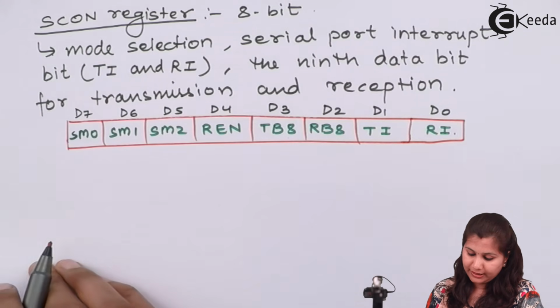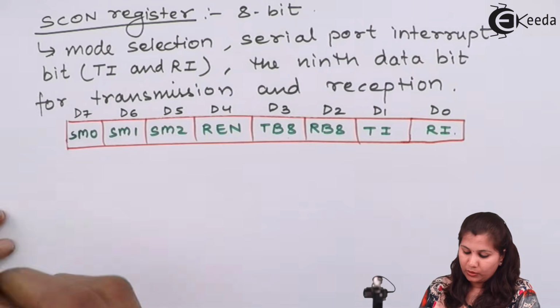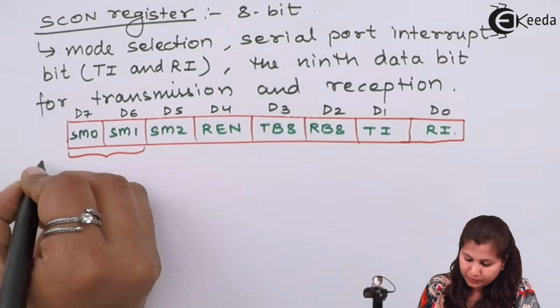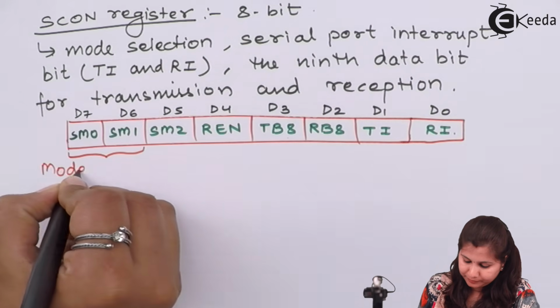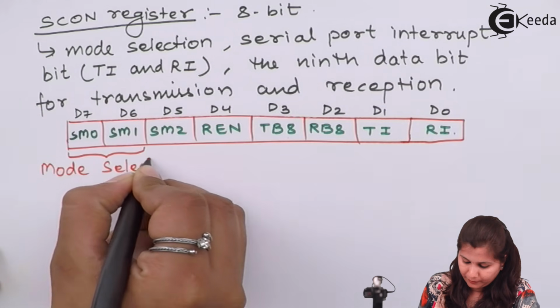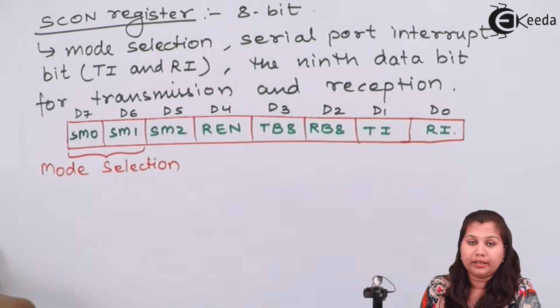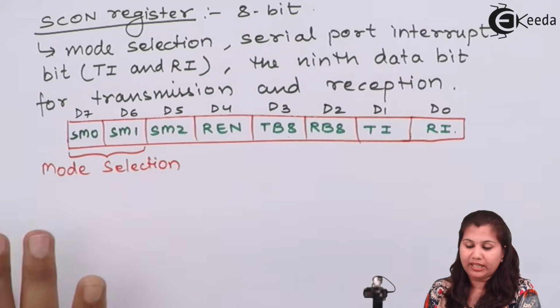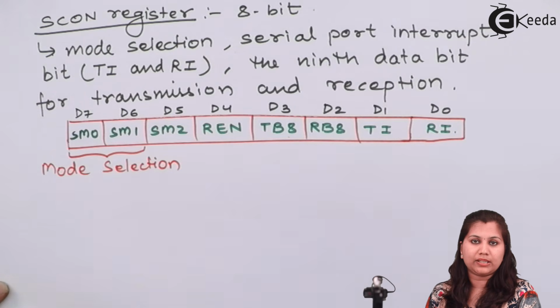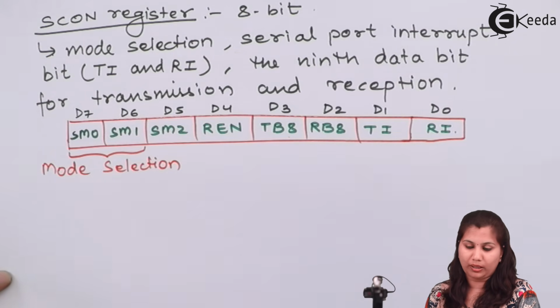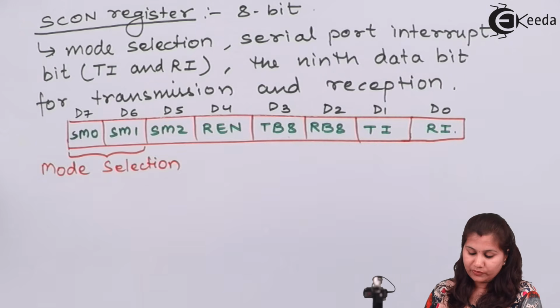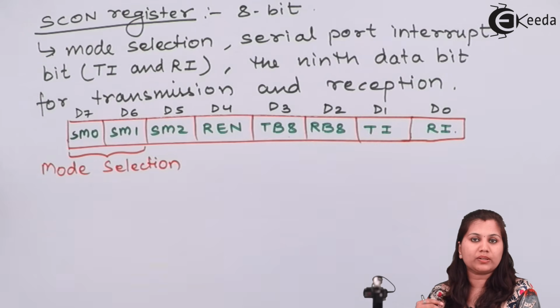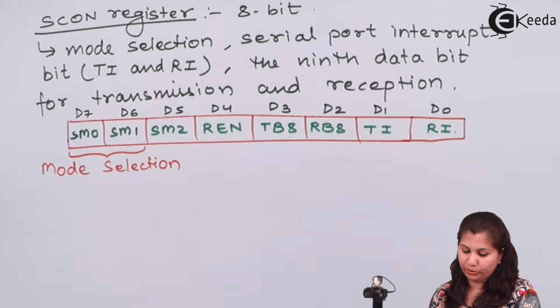Let's study SM0, SM1, and how these 2 bits are used for the mode selection. Because these are 2 bits, they can take any value like 00, 01, 10 and 11. In the serial modes, we have 4 modes: mode 0, mode 1, mode 2 and mode 3.